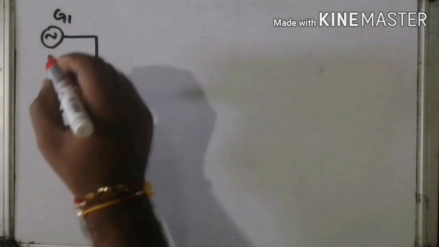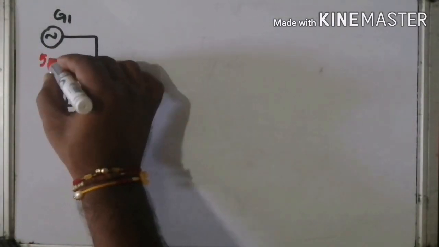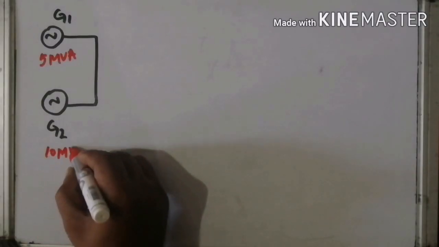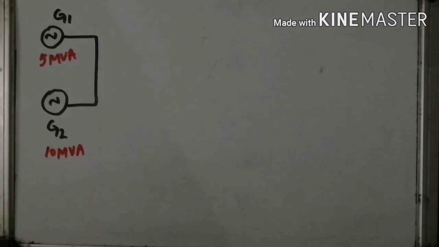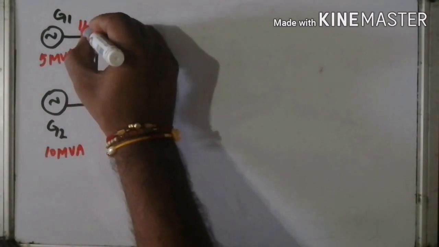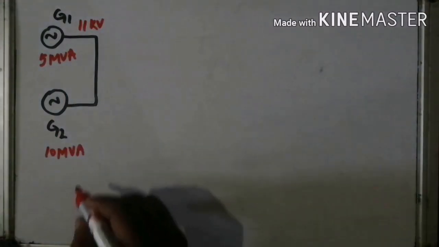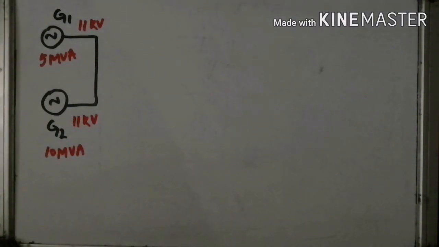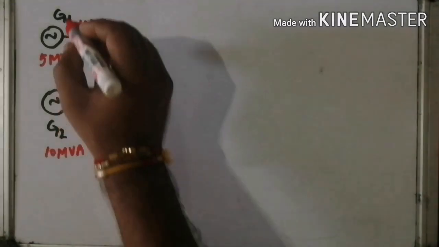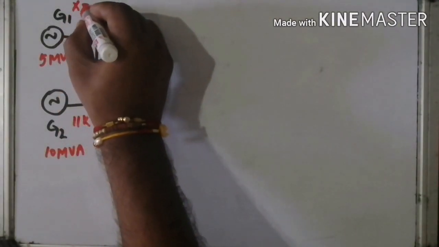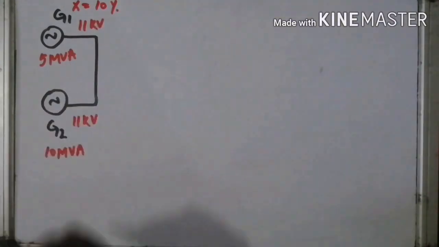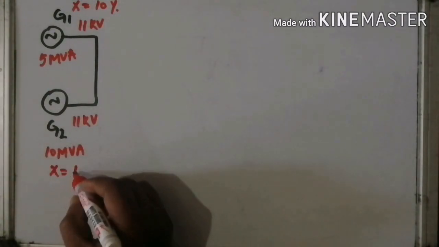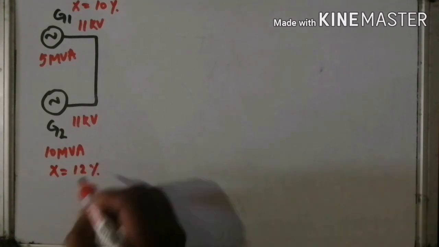The rating of this generator is 5 MVA, 10 MVA. It generates 11 kV, and this one also generates 11 kV, and the reactance of this generator is 10%, and the reactance of this generator is 12%.